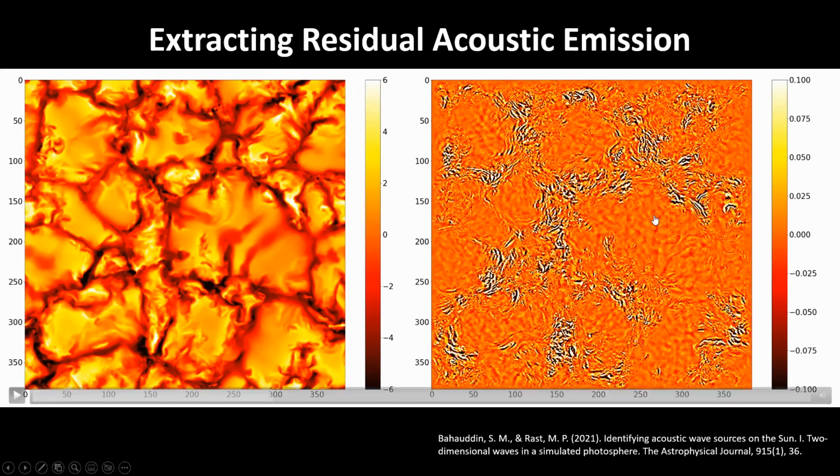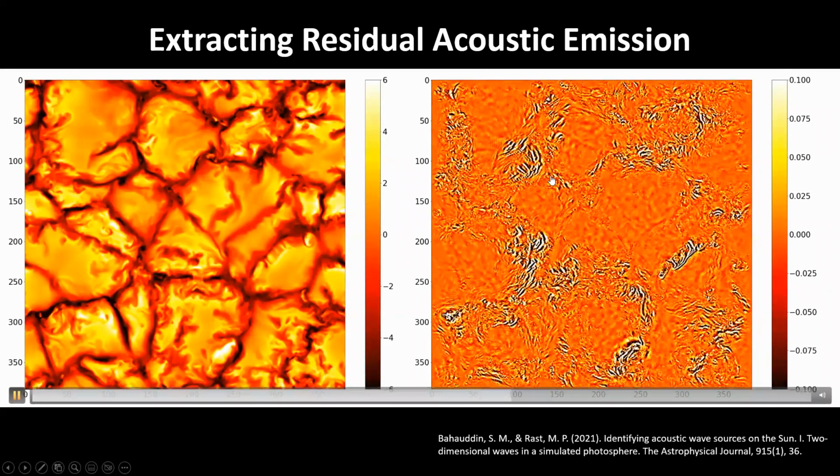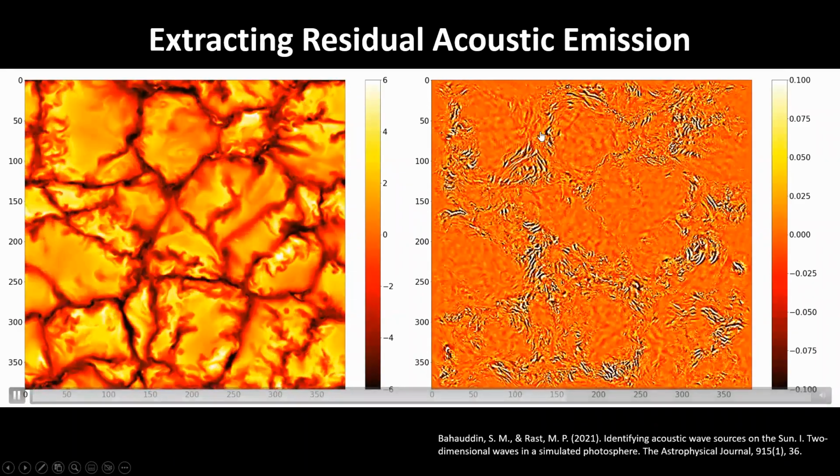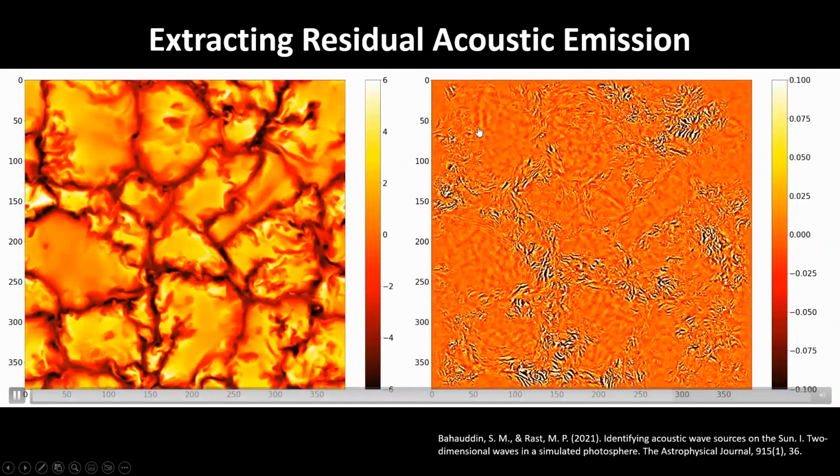But if you look in the middle, that means these areas, all of these perturbations that you can see, these are due to different kinds of acoustic emission, right? And here there is a strong one, which you can easily see. Here, if you can see my cursor, right? So when these two granules over here hit each other, you will find that there is a strong acoustic emission. So as for an example, if you look over here, when this thing hit, you see there is an acoustic emission that is going out, right?